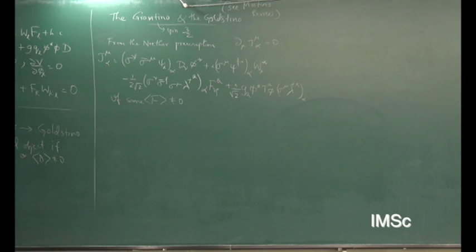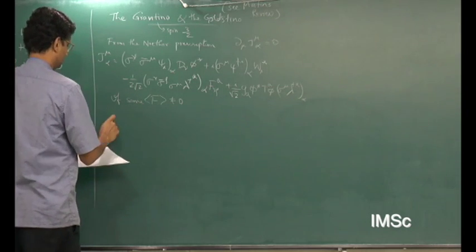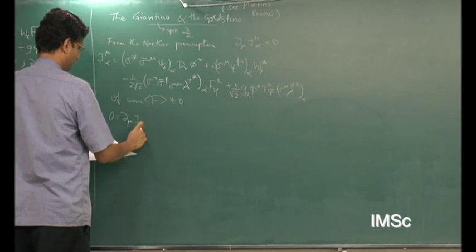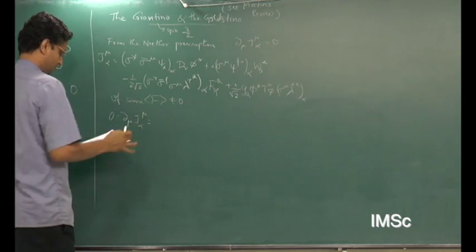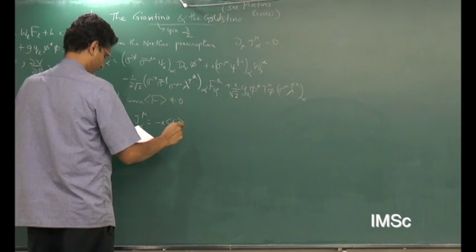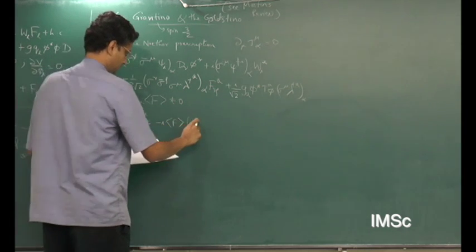It's just current conservation. But in the presence of this F breaking, let's just isolate some pieces of this. How does this current conservation look? So you isolate pieces which have this non-zero F term.